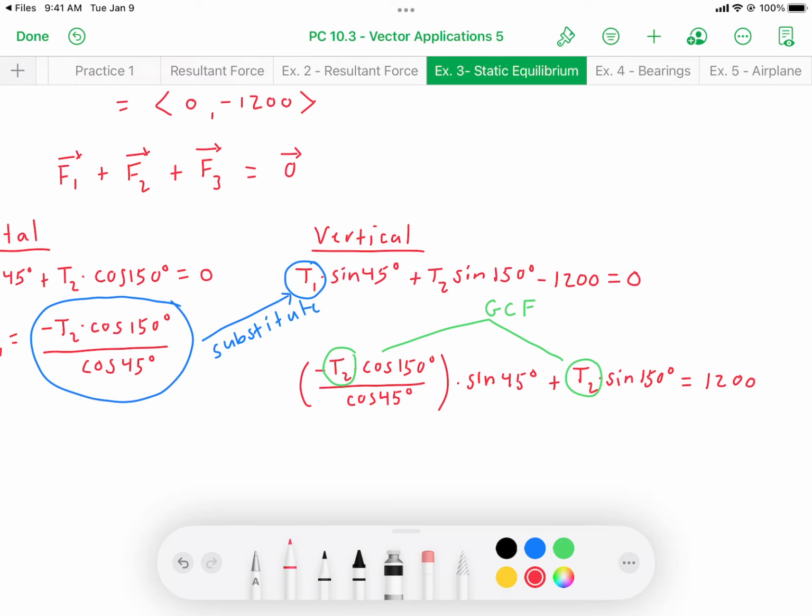So I'll pull out T sub 2, and then in parentheses I will have the negative cosine of 150 degrees divided by cosine of 45 degrees times sine of 45 degrees plus sine of 150 degrees equal to 1200.